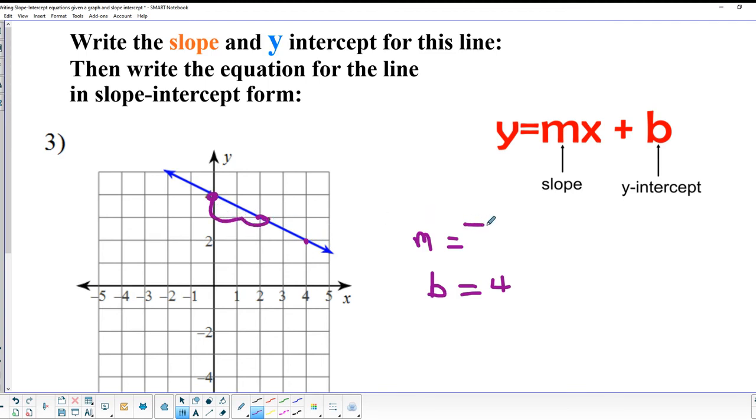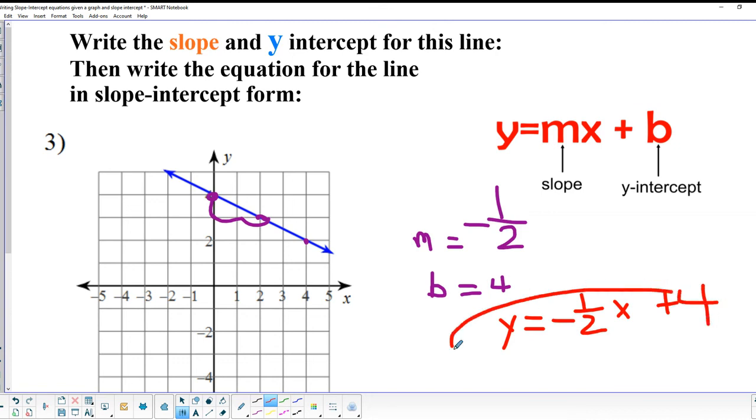So my slope is down 1 over 2, so I have a slope of negative 1/2. So let's write the equation: y equals negative 1/2 x plus 4. So there's the equation of the line for that particular problem.